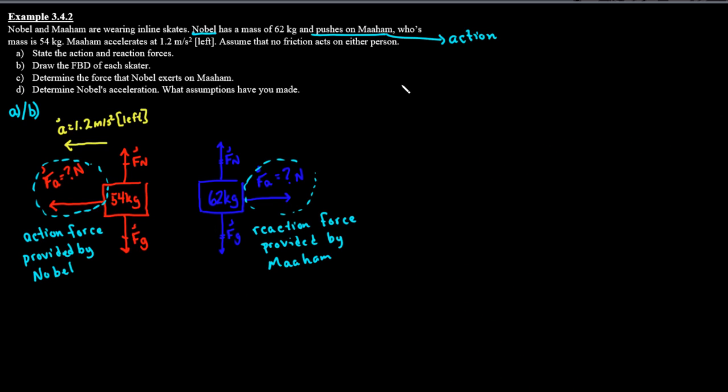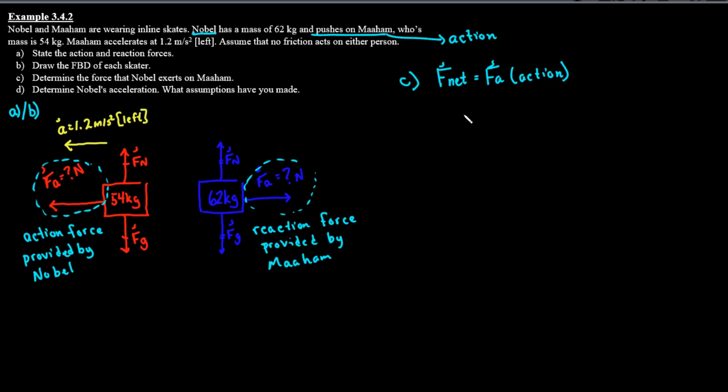Let's go and do C, which says determine the force that Nobel exerts on Mayhem. Okay, well, if we're looking at Mayhem as the object, the only force that contributes to the net force acting on Mayhem is that applied force from Nobel, right? That action force of Nobel pushing on Mayhem is what provides the net force acting on Mayhem.